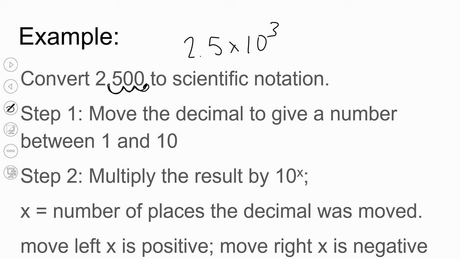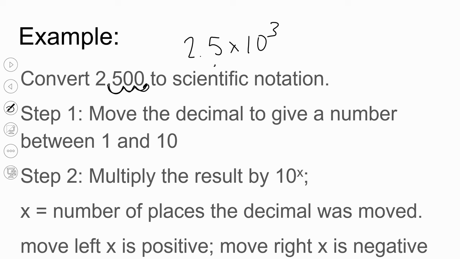Before I wrote this line here, how many sig figs did this have? We've got 2. The 2 and the 5. These trailing zeros don't count because the decimal wasn't really there. So this is 2 sig figs. How many sig figs does this have? This also has 2. So our scientific notation should have the same number of sig figs as standard notation. Why do we only move 3 places?